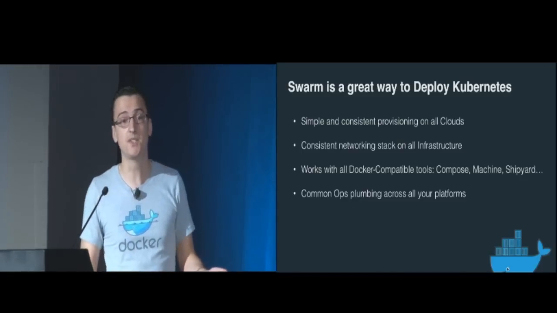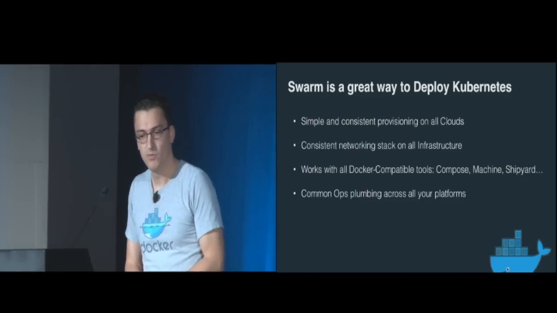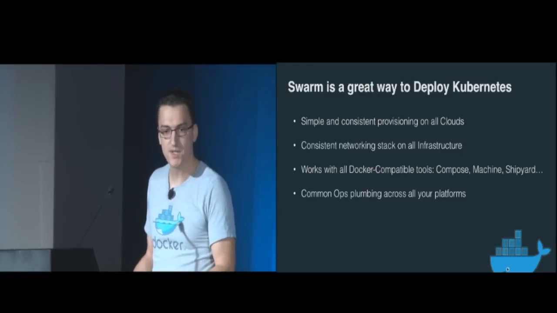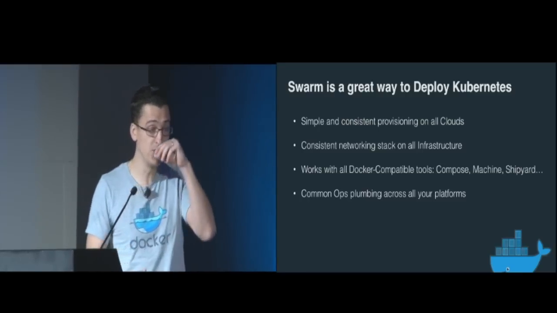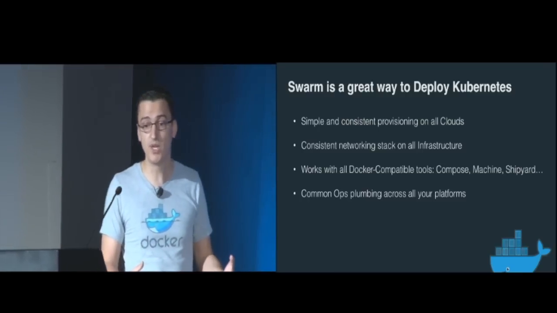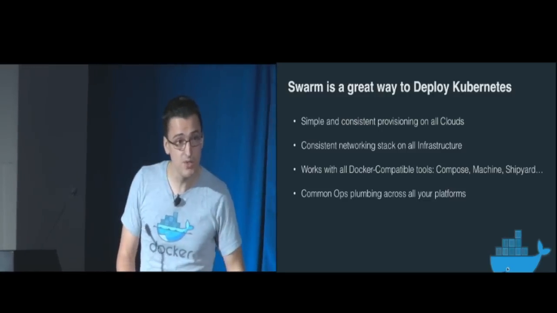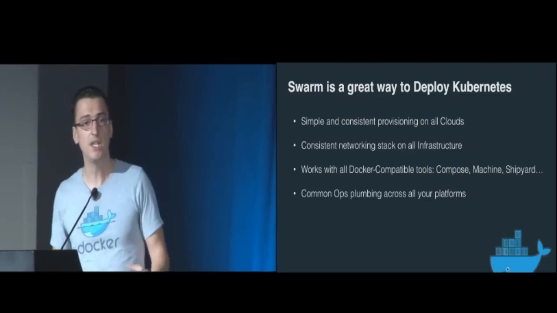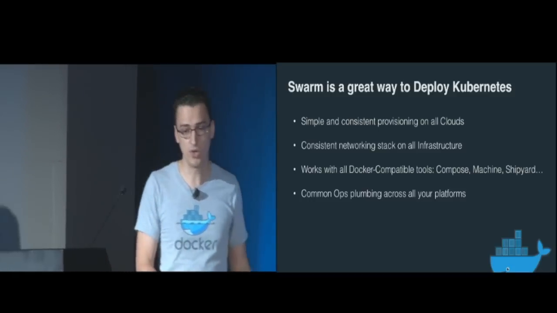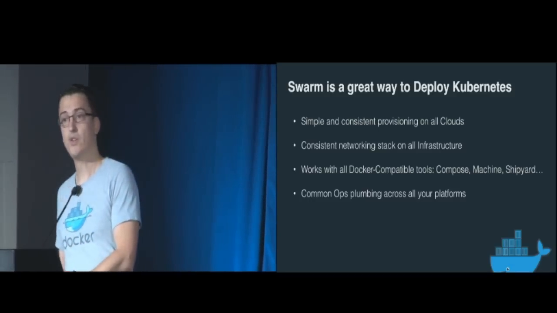Let's talk about Kubernetes. What we're going to show in the demo is a simple way that you can use to deploy your Kubernetes cluster really quickly using Docker native tools. Exactly in the same way, whether you want to do it on GCE, AWS, or even on your local machine, and using only Docker native tools.